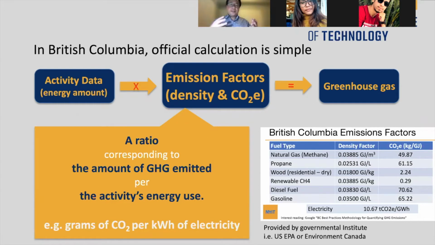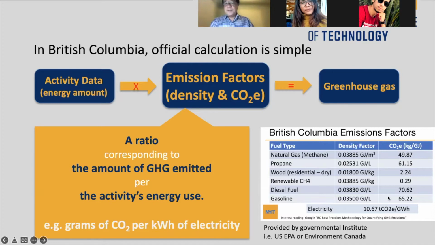In simple words, when you do something, how much greenhouse gas you will create and emit to the atmosphere. Normally, it will give you a unit in terms of grams of carbon dioxide per energy unit.